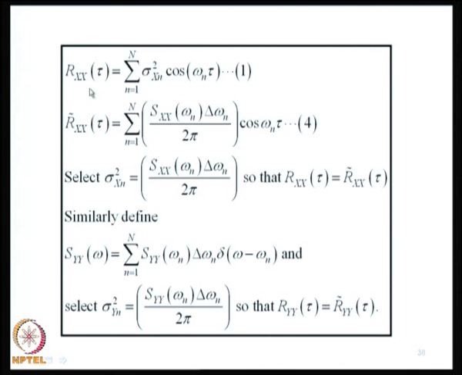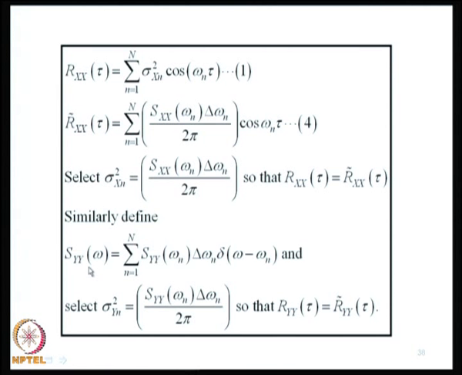So, this is the target, and this is what happens if I use a series power spectral density that I mentioned just now, and these two can be made to agree among themselves if sigma xn square is taken to be this quantity. So, that Rxx tau becomes R tilde xx of tau.